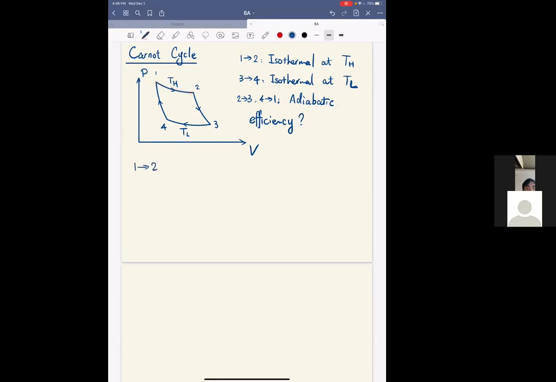We know that from 1 to 2, it's an isothermal process. Since the temperature stays constant, the internal energy doesn't change. So the energy the gas absorbed should be equal to the work it does to the outside.